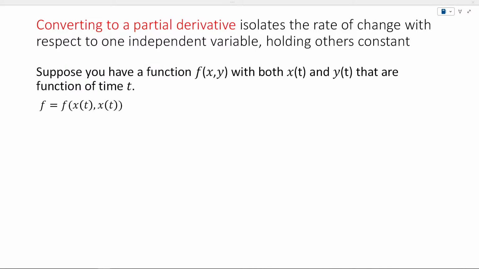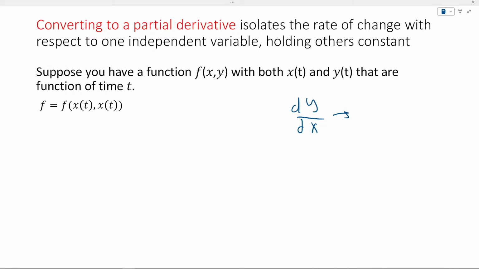So here, converting to partial derivative isolates the rate of change with respect to one independent variable, holding the others constant. So if I have a total derivative, like dy over dx, how could I convert this to a partial derivative and write an equation for this?